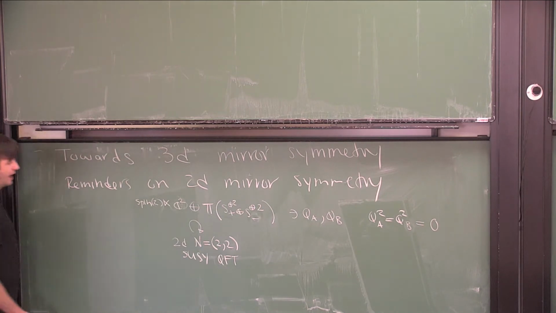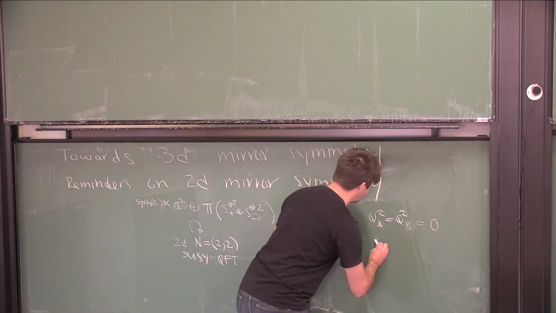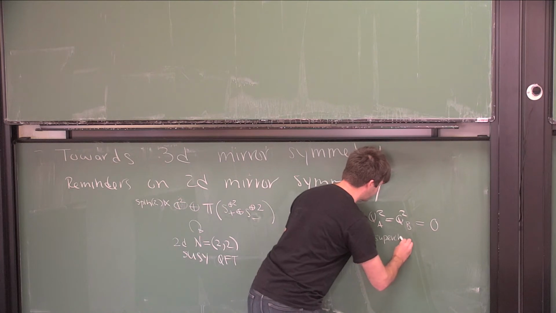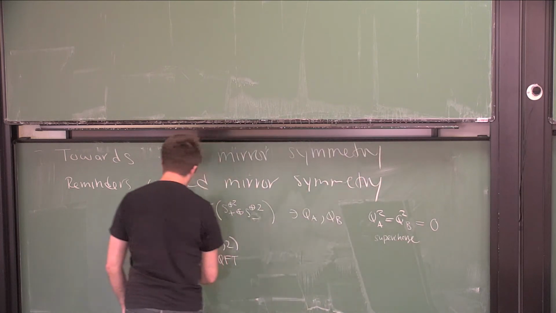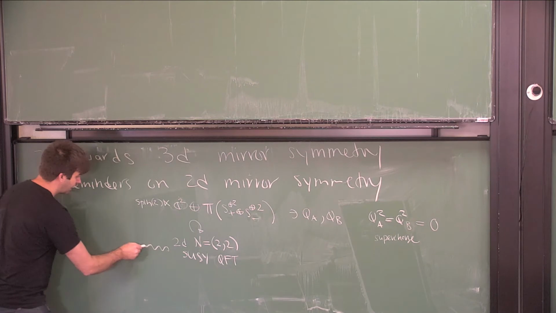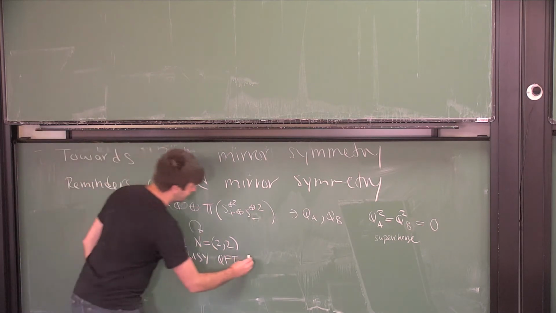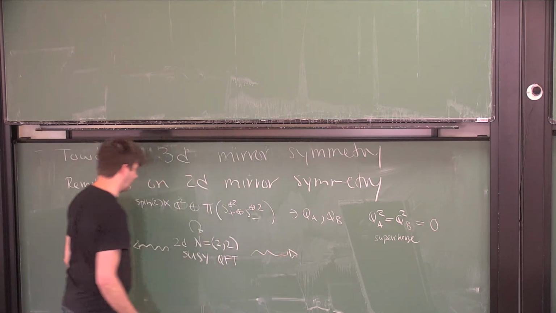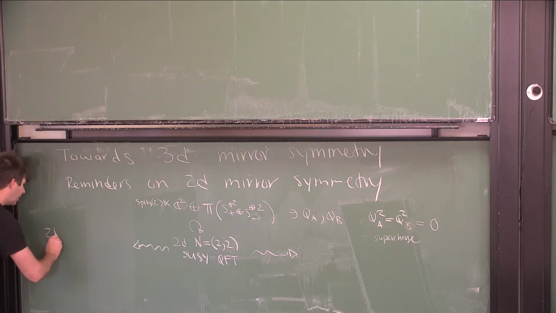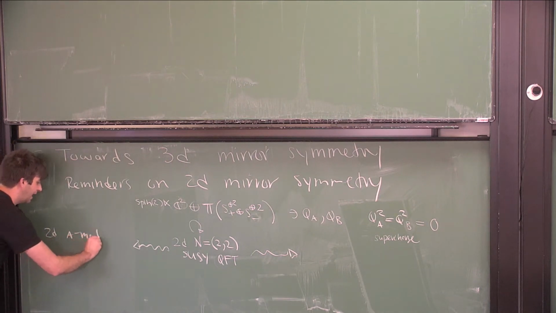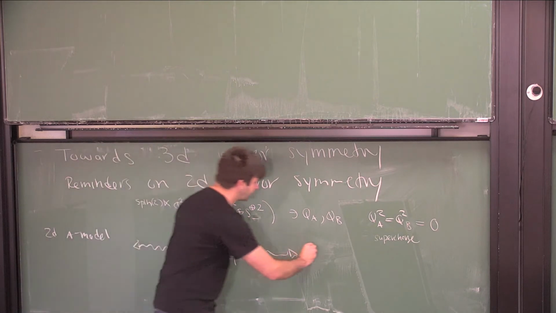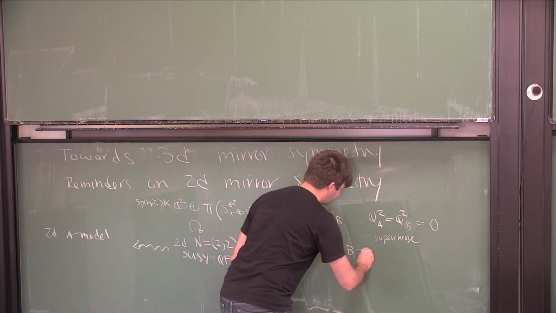And whenever you have something like this, which is called a supercharge, one can write down two different deformations of your quantum field theory. And so one of them is called the 2D A model, and the other one is called the 2D B model.